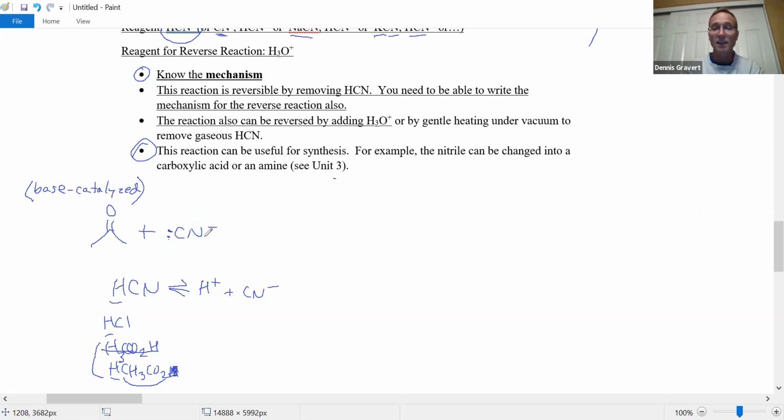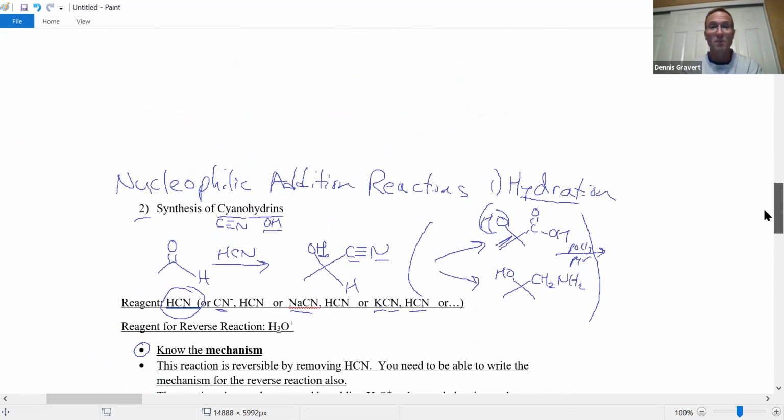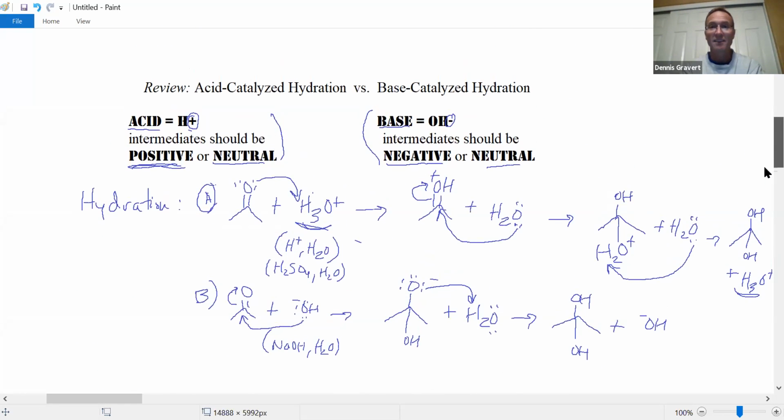But if you realize the first step of cyanohydrin reactions takes something that has an anion in it, then you can go back up here and say, wait, we have a base catalyzed mechanism. There's anions. We should have negative or neutral. Hey, does it follow this pattern? Nucleophile with something negative charge, bump up the pi bond. Next step, lone pair of that negative intermediate, go grab an H plus from somewhere and end up with product.